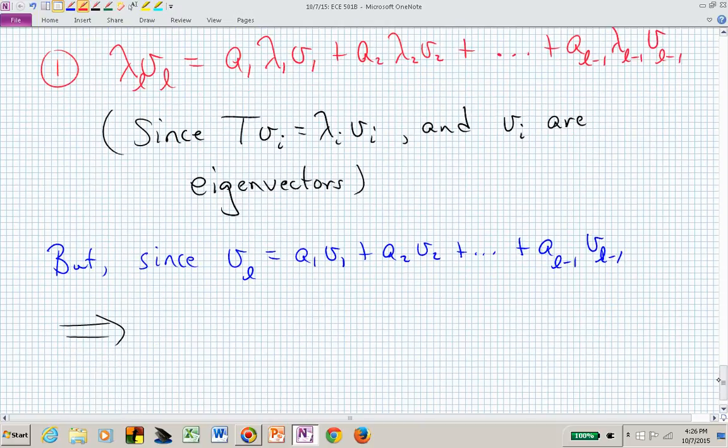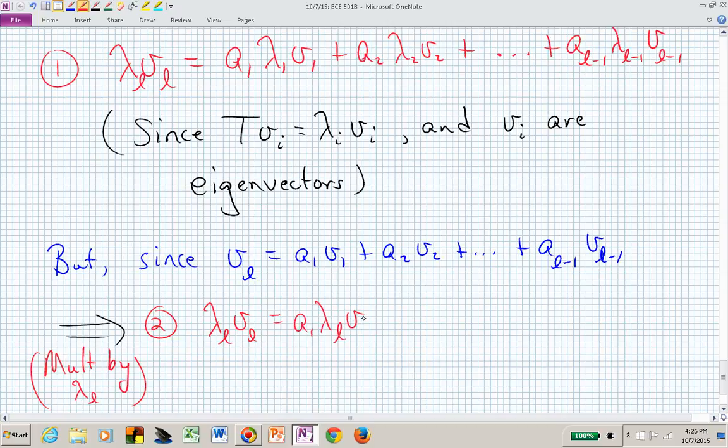Let's now multiply this equation in blue at the bottom by lambda sub L, which gives us equation 2, which says now this is lambda sub L v sub L is equal to a1 lambda sub L v1 plus a sub 2 lambda sub L v sub 2.